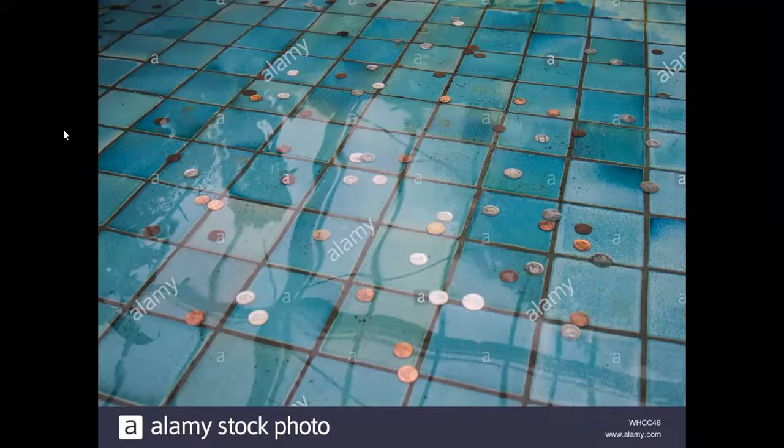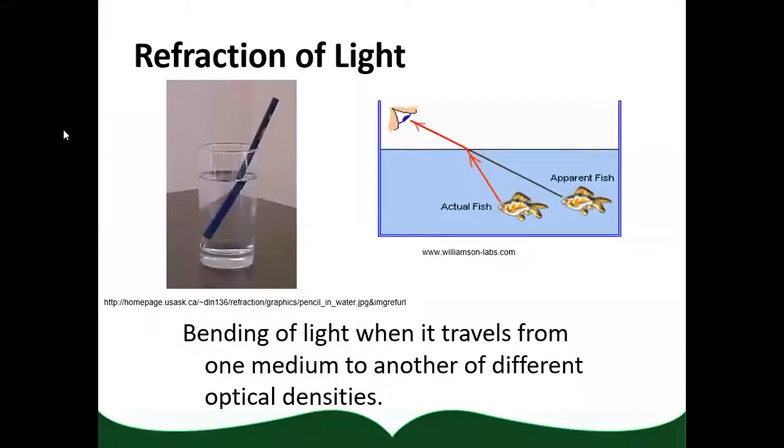Or did you only witness an optical illusion? This phenomenon can be explained in terms of refraction. Refraction of light is the bending of light when it travels from one medium to another of different optical densities.